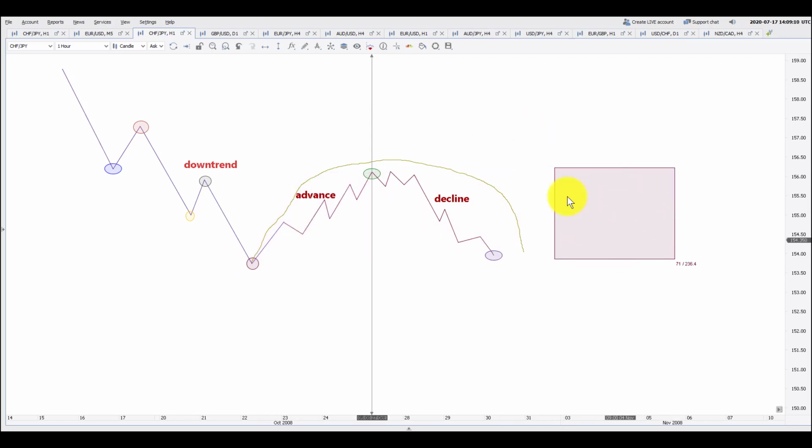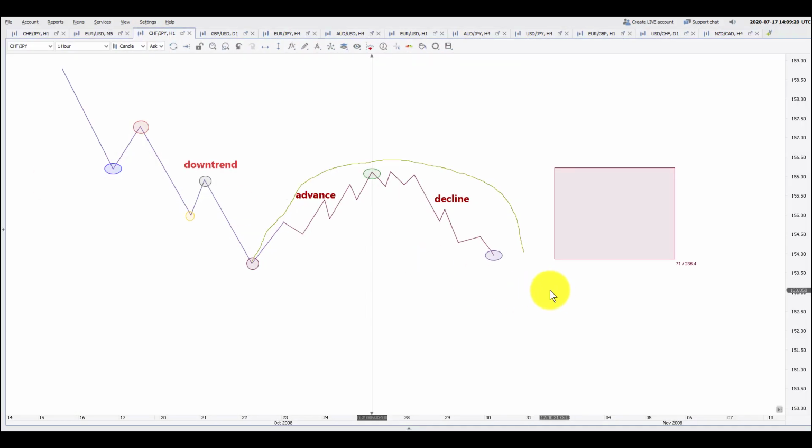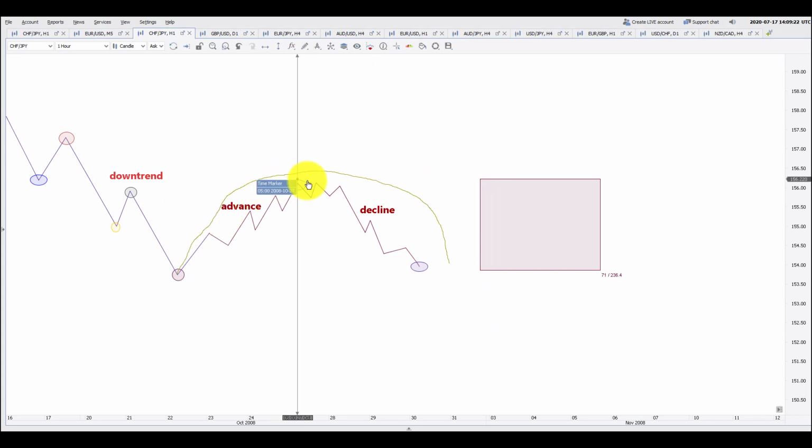Okay, this is the height of the cup, and then after that we need the handle. Now when does the handle form? When the pair declines to the previous low's level, and from there it starts another advance.